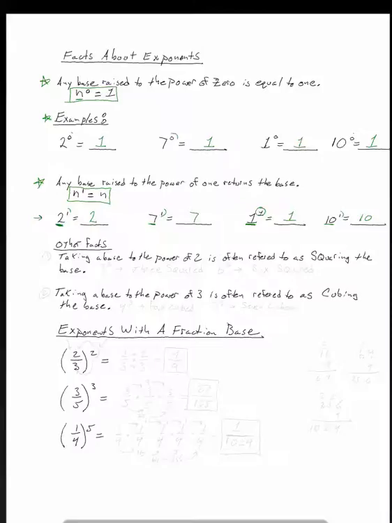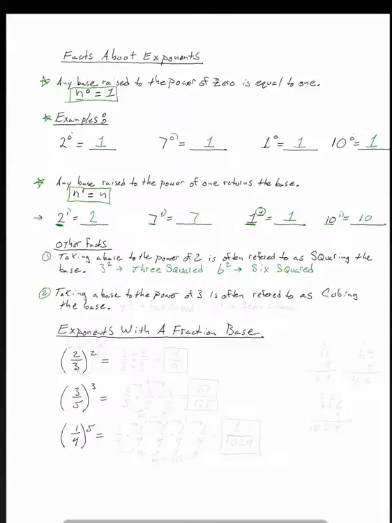A couple other facts that we should know is that first, taking a base to the power of 2 is referred to as squaring the base. So if I see 3 to the power of 2, I can think of that as 3 squared. If I had 6 to the power of 2, that would be 6 squared.